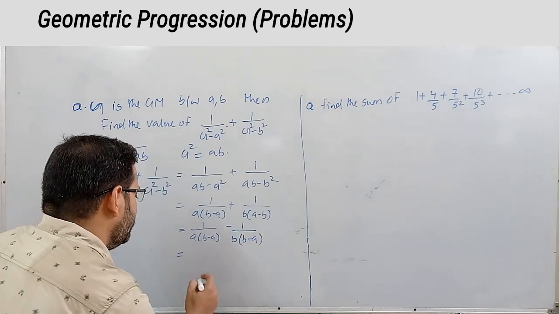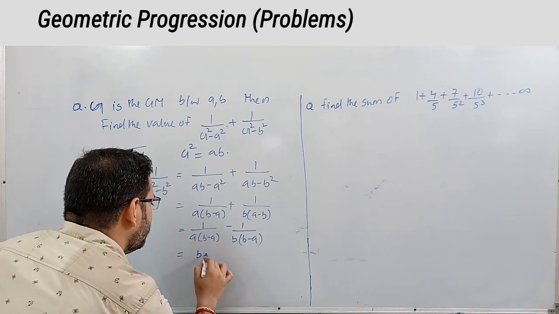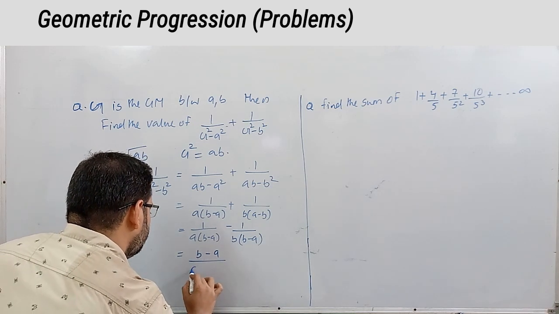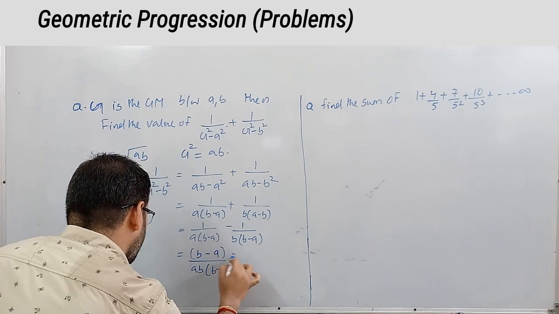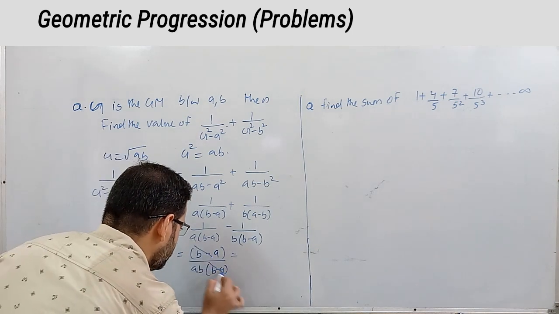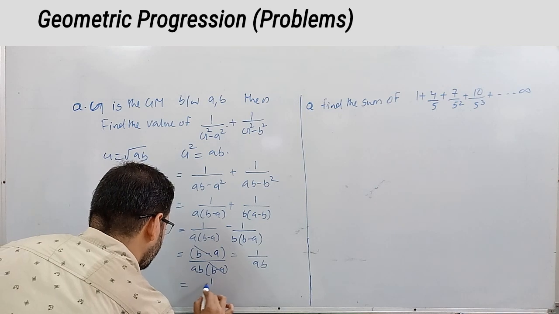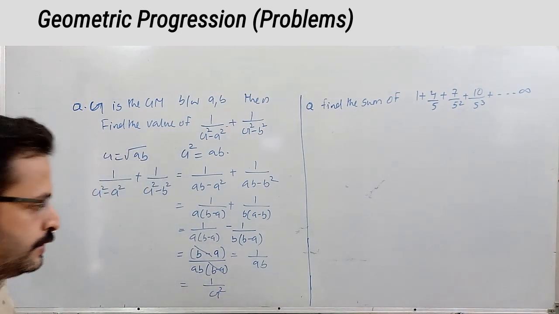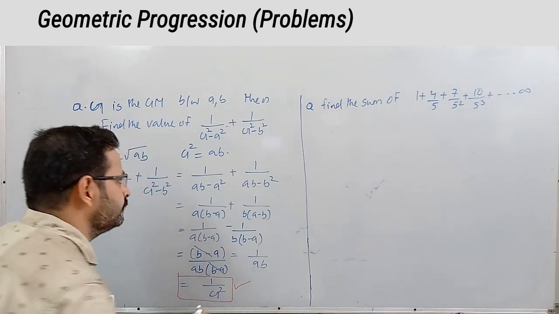Then multiplying, we get B minus A divided by AB into B minus A. B minus A gets cancelled. We get 1 divided by AB. We know that AB equals G square. That implies the answer will be 1 divided by G square.